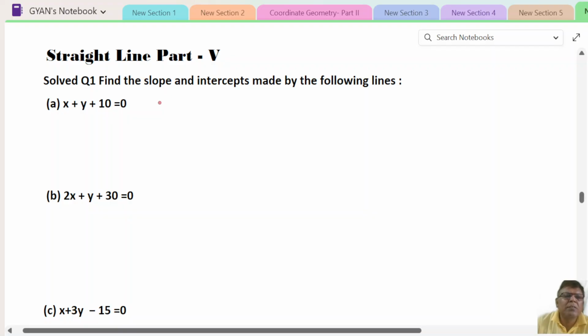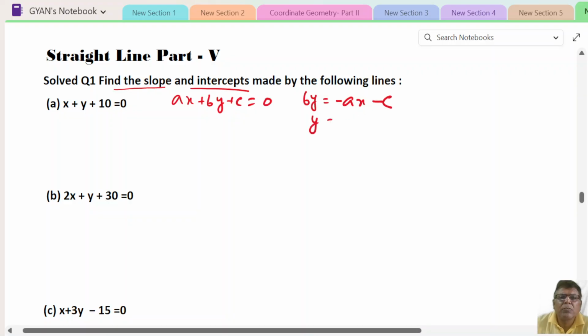Here we'll be solving some more questions. Here we have to find the slope and intercept. So let us revise the formula once again. Suppose ax plus by plus c is equal to 0 is a general equation. Then we will try to write it in y equals mx form. So by is equal to minus ax minus c.